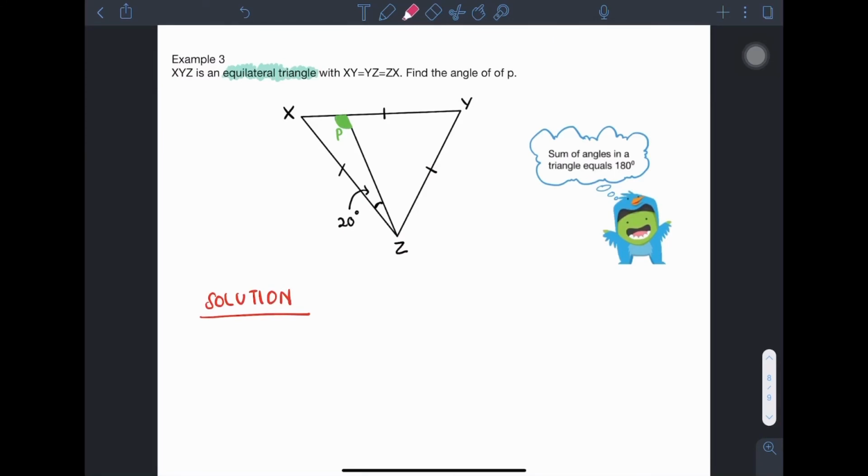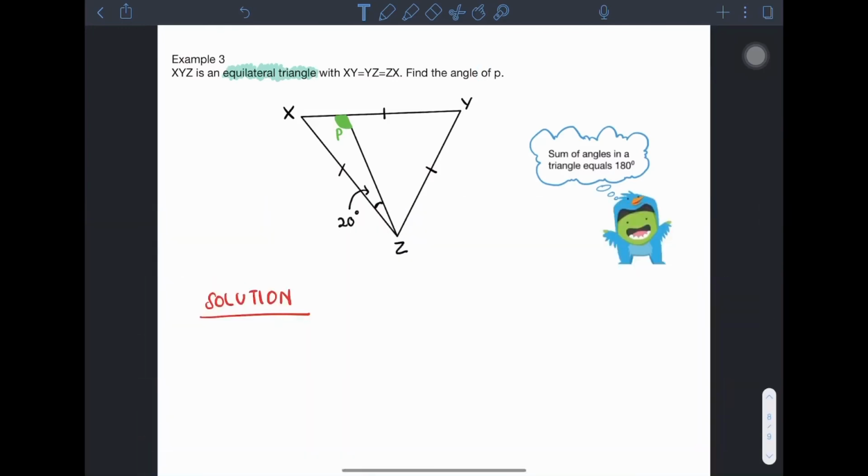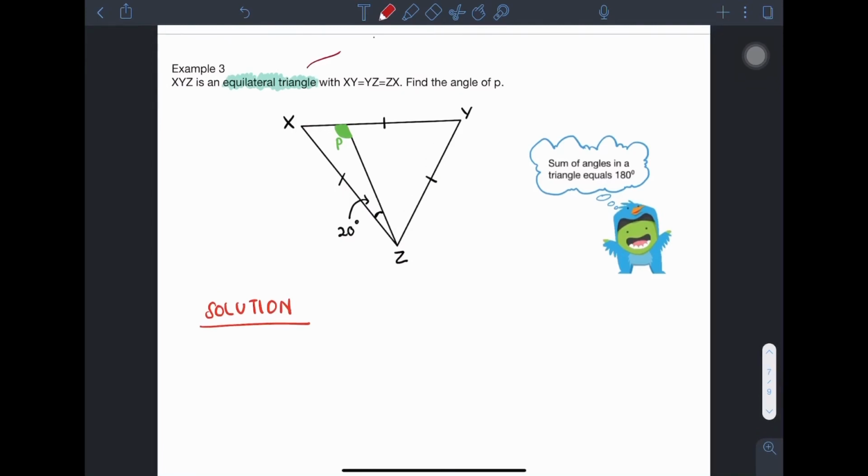Example 3. XYZ is an equilateral triangle with XY equal to YZ equal to ZX. Find the angle of P. An equilateral triangle means that the angles are always the same, and each angle will give you a value of 60 degrees.